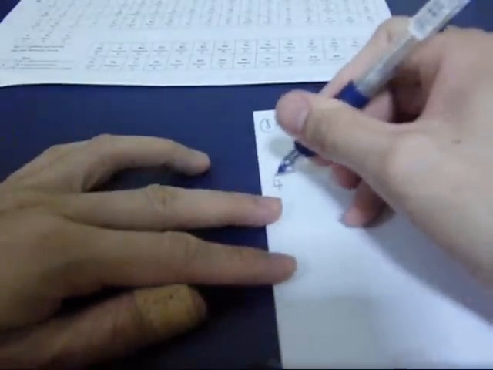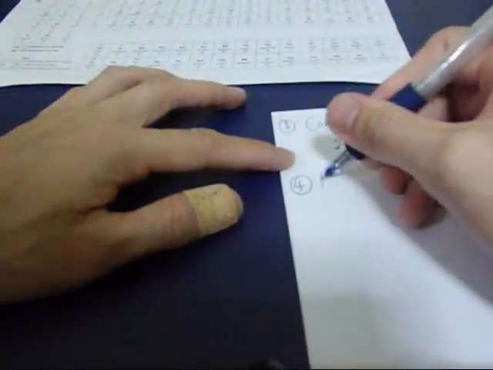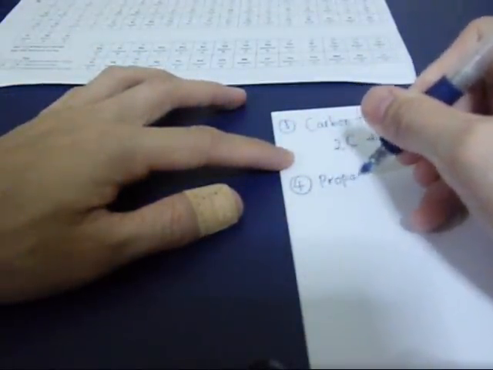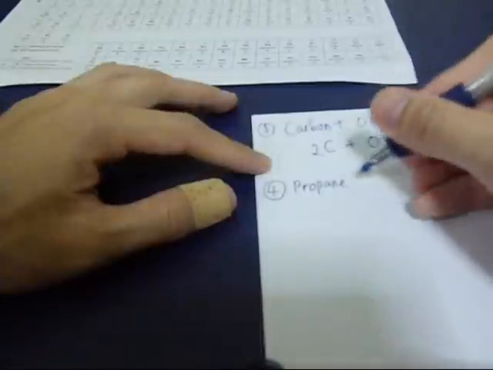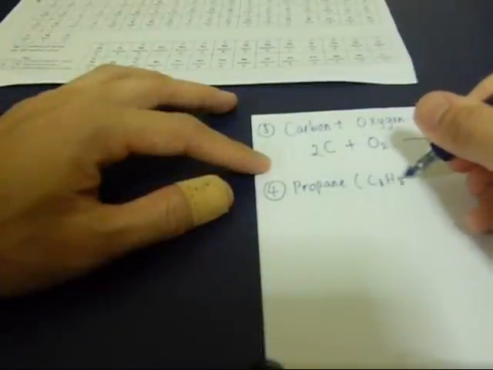And then the last example. Now the last example is like this. Propane. Okay, propane, I give you the formula for propane is C3H8.